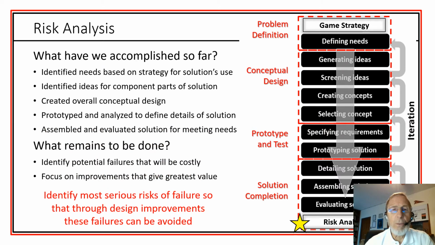So clearly what we're about to do today is identify the most serious risks of failures so that we can then come up with design improvements that will enable us to either avoid these failures or minimize the impact of such failures.